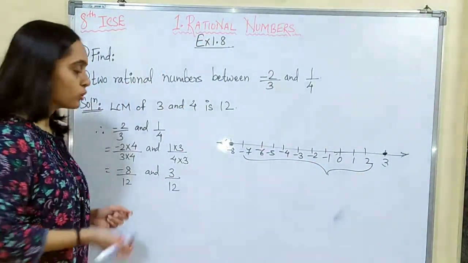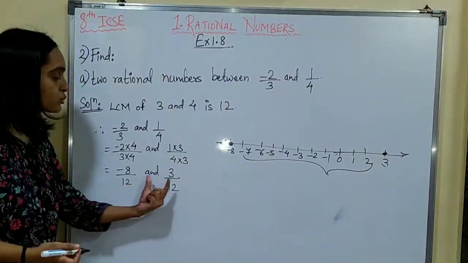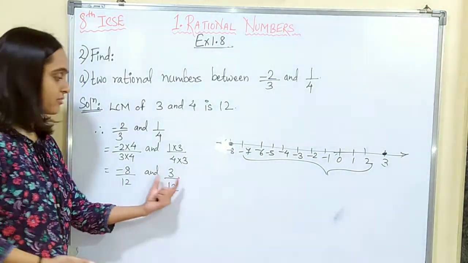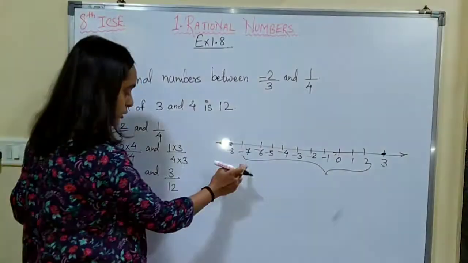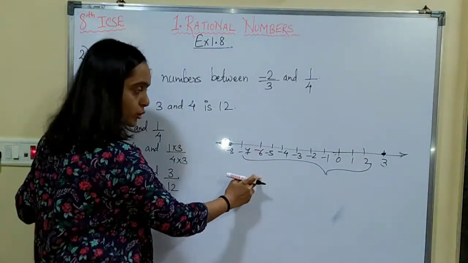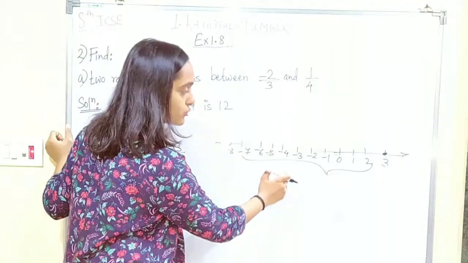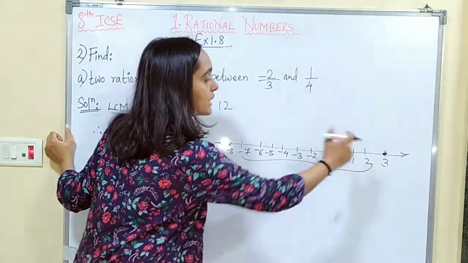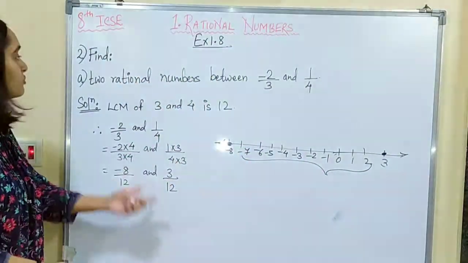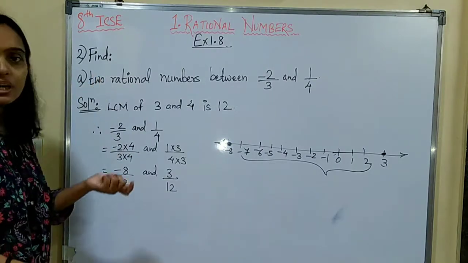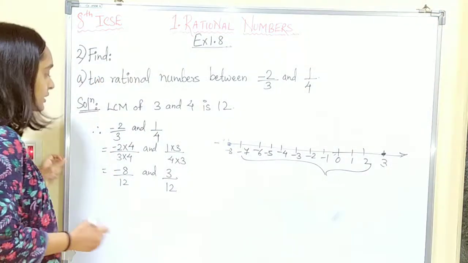You can say that between these two rational numbers there will be minus 7 upon 12, minus 6 upon 12, minus 5 upon 12, minus 4 upon 12, like that, all the rational numbers. For the question you have to write only two rational numbers between them, so you can write any two.